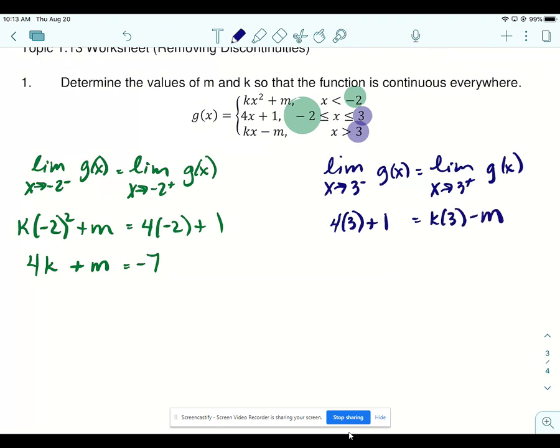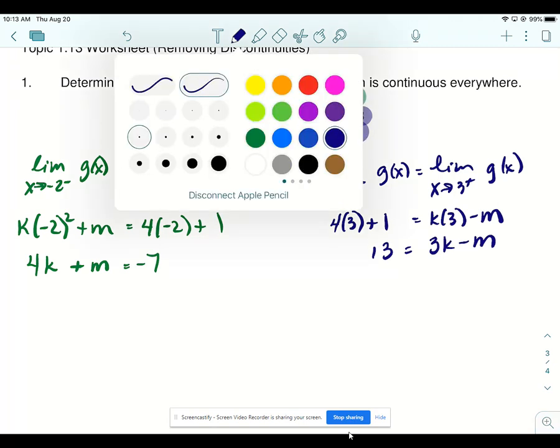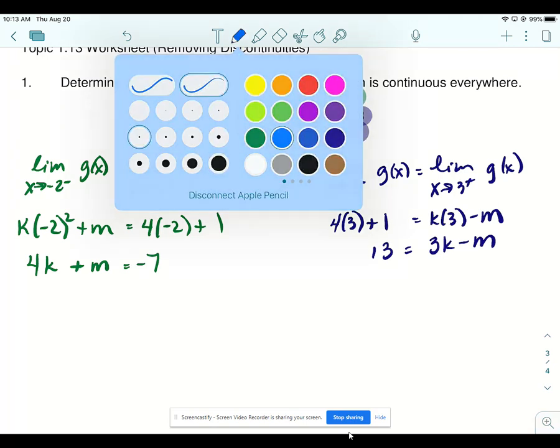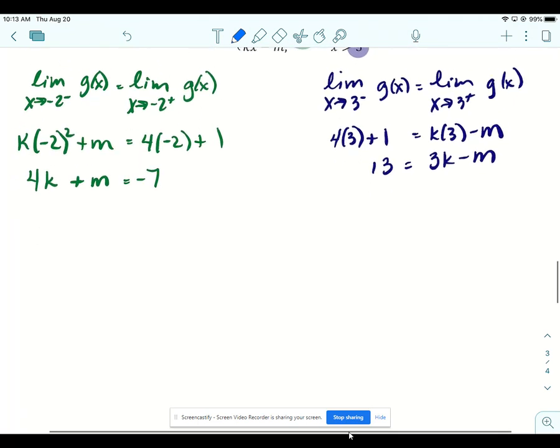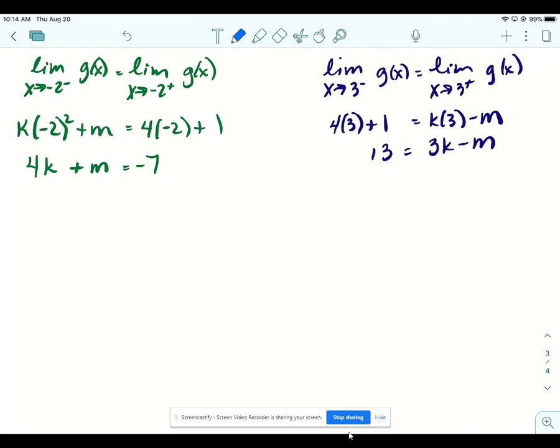All right, so it looks like over here we're going to get 13 equals 3k minus m. All right, now this takes us to something we haven't done in a while, but we have 2 equations with the same 2 variables. It's called a system of equations, and we're going to solve it. And I think we're going to just do the elimination method.